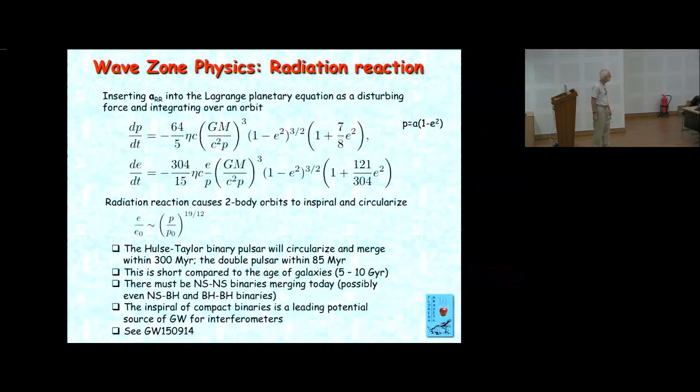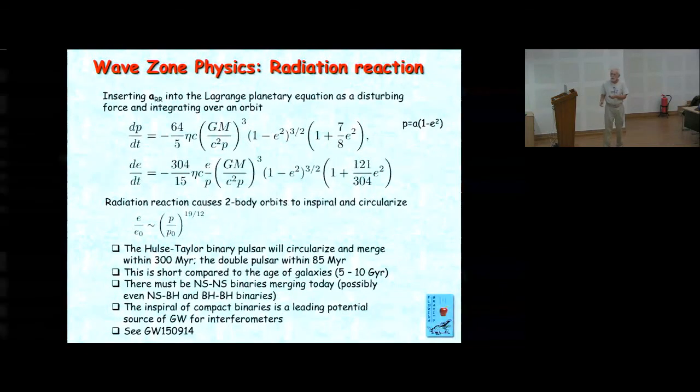And it's these kinds of arguments, the existence of things like the Hulse-Taylor binary pulsar and the double pulsar and their short merger timescales, that allow you to begin to predict rates of such events per galaxy like the Milky Way. And when those early estimates of rates were made, that was one of the things that helped the case for LIGO. If you built a LIGO that could reach out to a distance that included 1 million galaxies, then even if the rate for a galaxy like ours was once every million years, if you're sensitive enough to see waves from 1 million galaxies, then you're starting to talk about an event rate that a graduate student could live with, right?